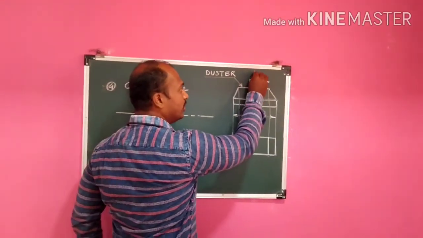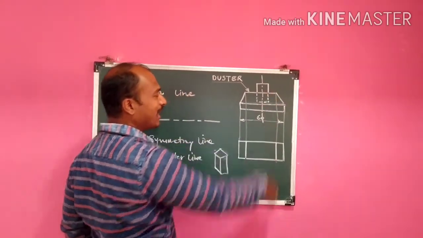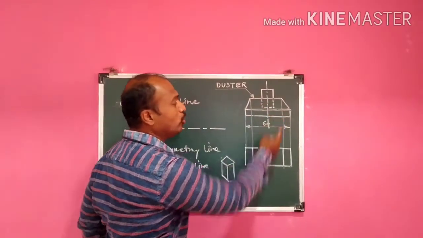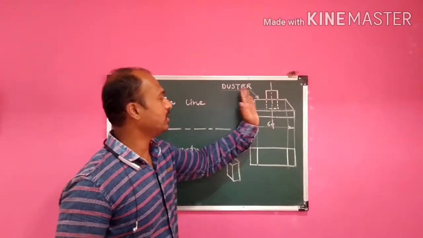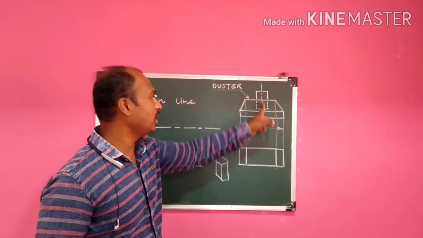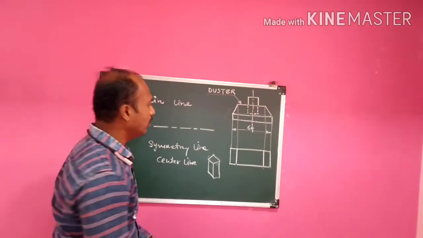We'll draw the chain line here like this. Now this line becomes a symmetry line because it divides the object into two equal parts. So this is the symmetry line, as well as it denotes that this is the cylindrical portion.